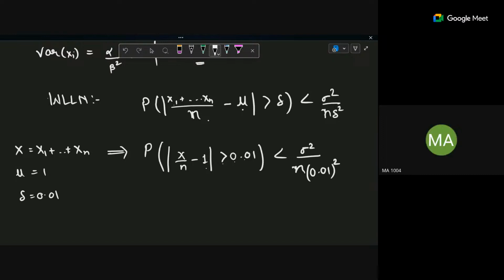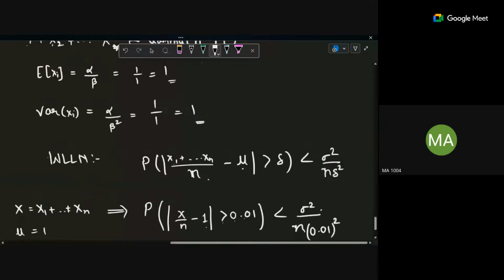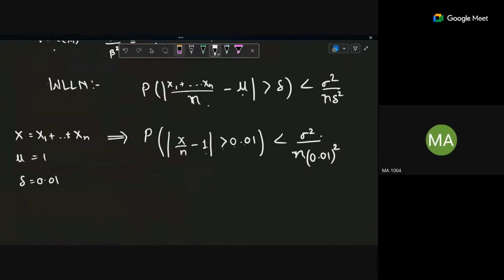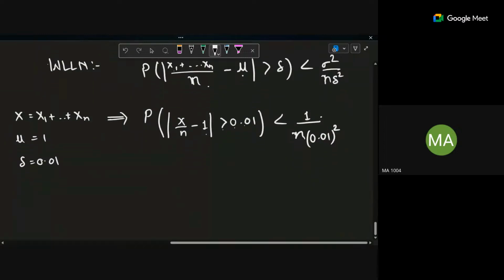Yes, ma'am. Any doubt here? So what is sigma there? We have calculated that also. Variance of xi is 1. So may I replace this sigma by 1? Yeah. So now what will you do next?